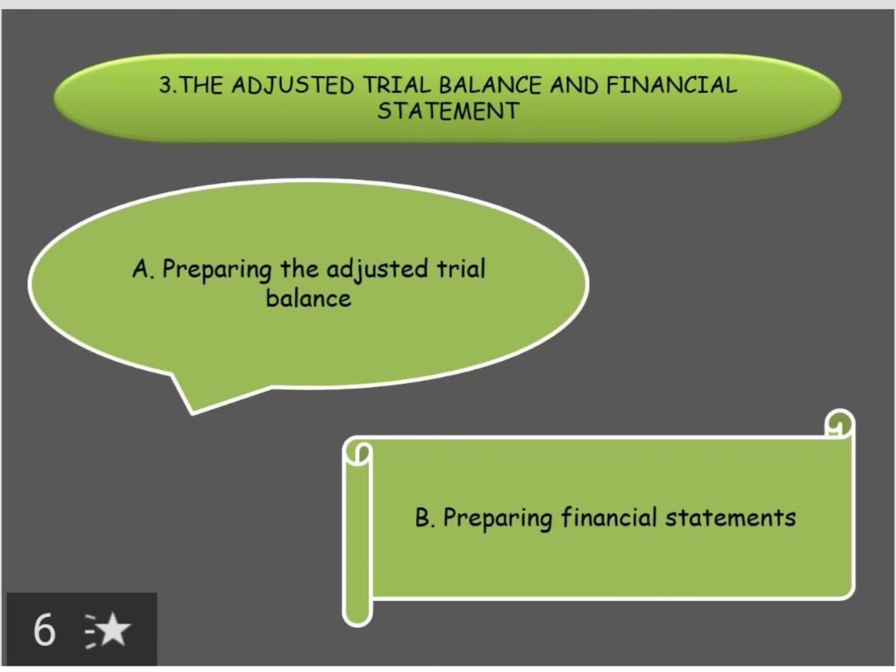Companies can prepare financial statements directly from the adjusted trial balance. Present the interrelationship of data in the adjusted trial balance and the financial statements. Companies prepare the income statement from the revenue and expense accounts.